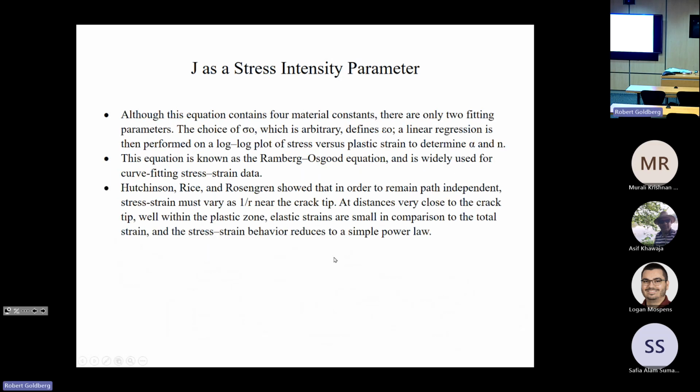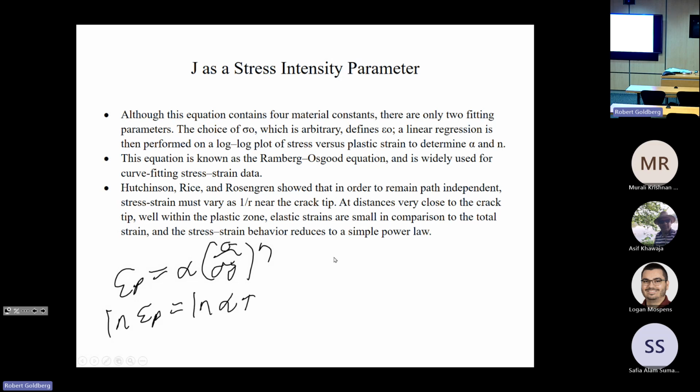So what you have is that the plastic strain is equal to alpha times sigma over sigma 0 to the n. So the log of your plastic strain is equal to the log of alpha plus n times the natural log of sigma divided by sigma 0.